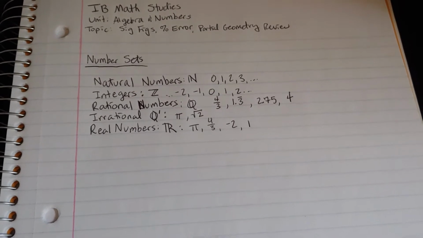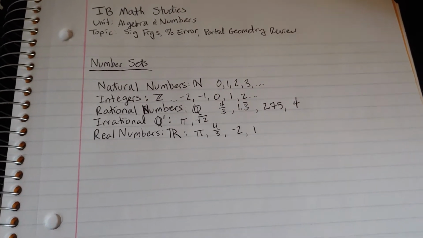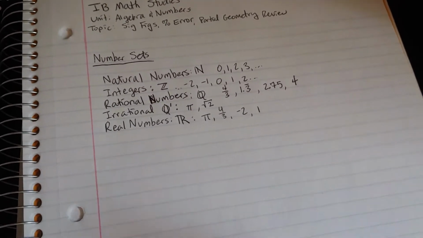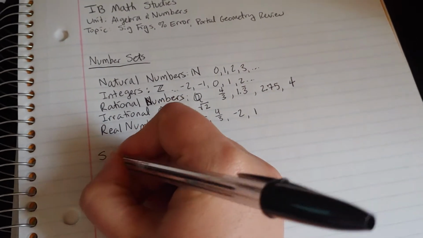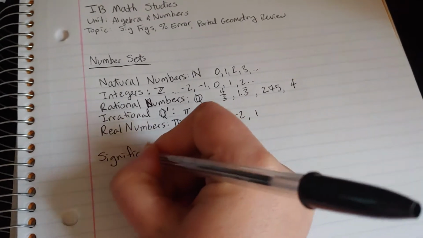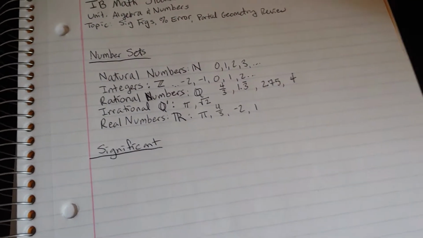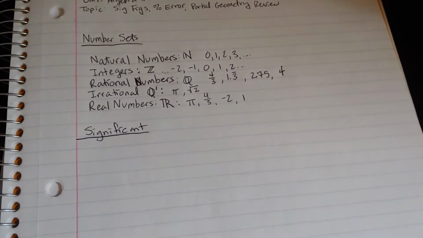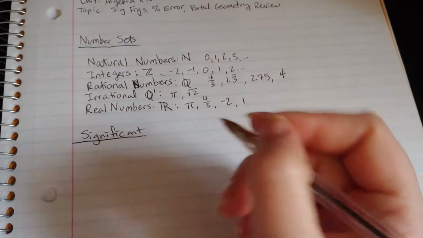We're going to talk a little bit about error later. But first, let's talk about significant figures. Again, this is a review. We talked about all of this at the beginning of the year, but we want to make sure that we're solid on this before we go into calculus.